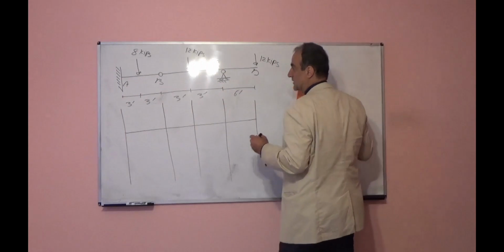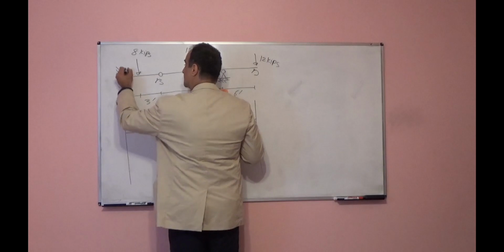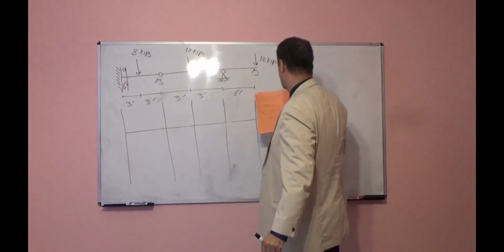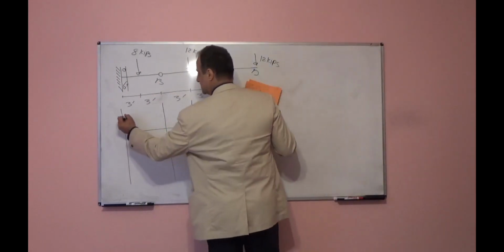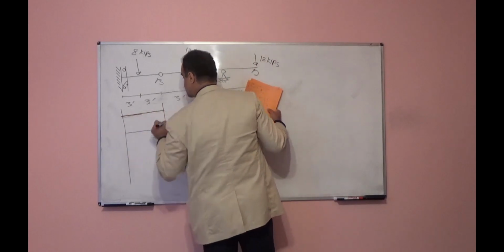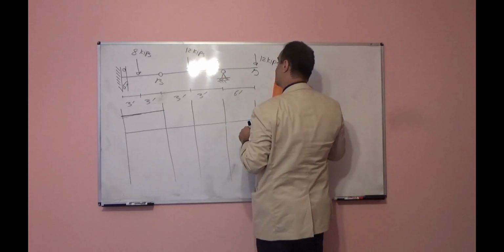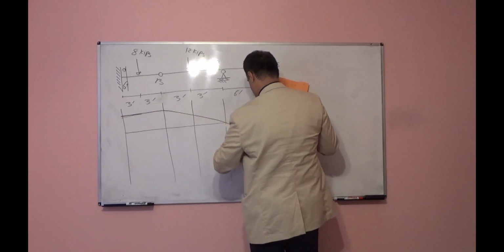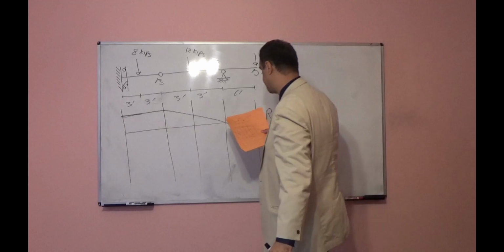Reaction at point A means we will remove the reaction. This part will move up. If that part moves up, this up to B will be a straight line. The B, C, D part will rotate with respect to C. This will be for the reaction at point A.